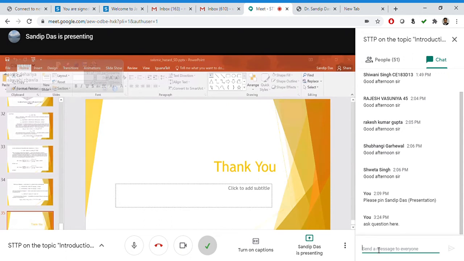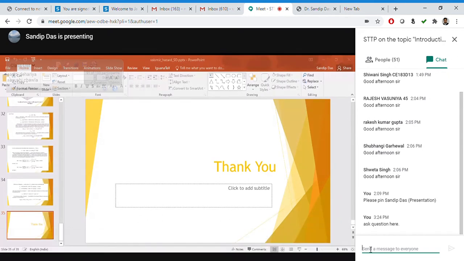But I think it is more efficient one by one, if they ask something, rather than all of them. There is no raising hand option here, so that you can figure out who wants to say something.